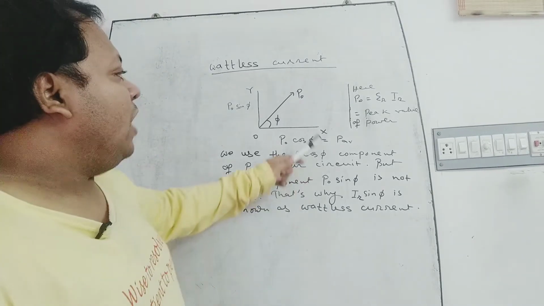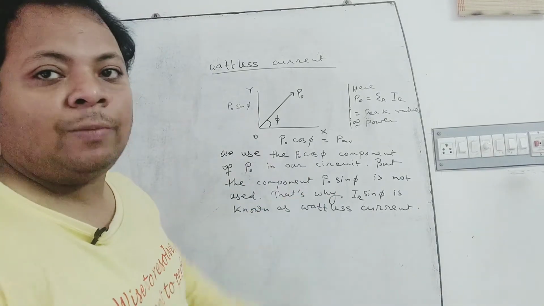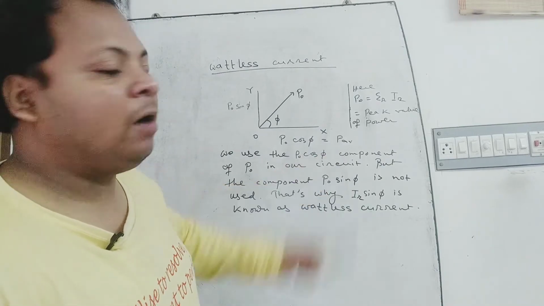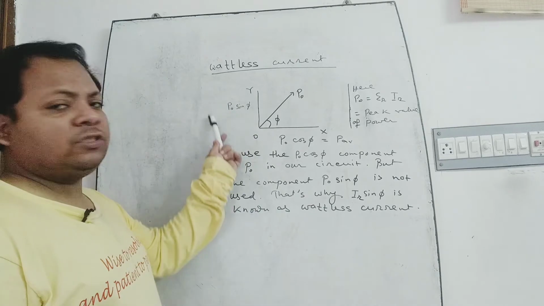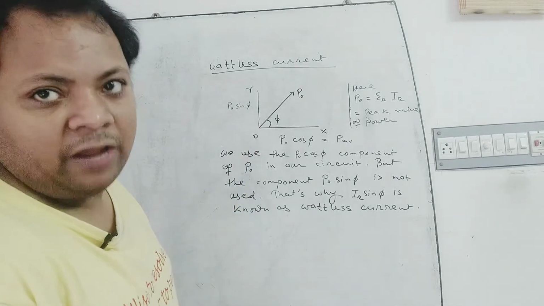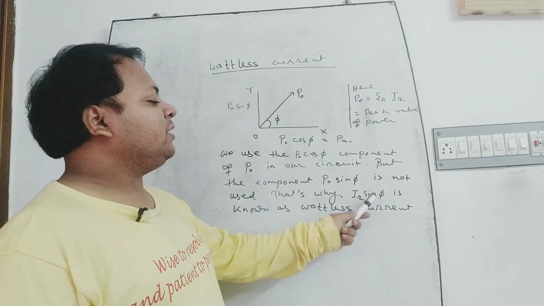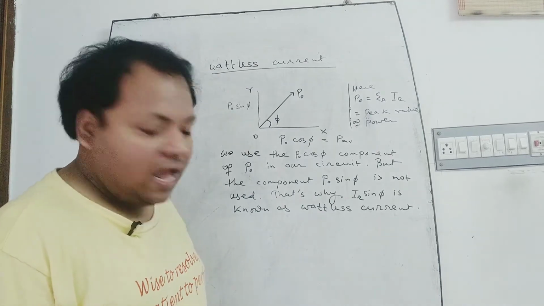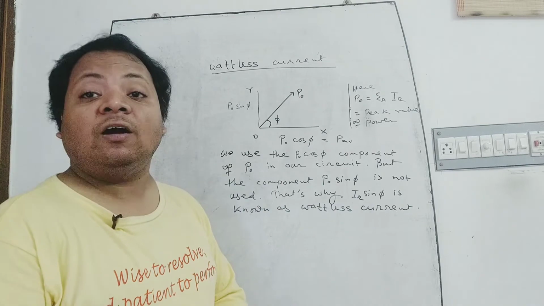Now the component P0 cos phi is used in our circuit, and this is the expression of average power or mean power. But P0 sin phi is not used in our daily life. That's why I RMS into sin phi is known as wattless current, and P0 sin phi is known as wattless power.